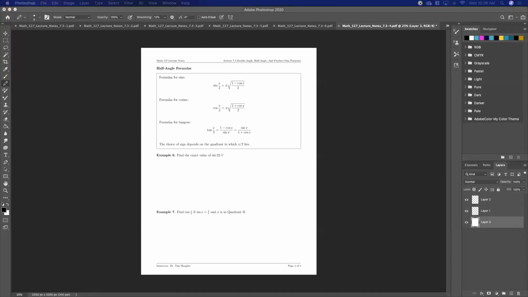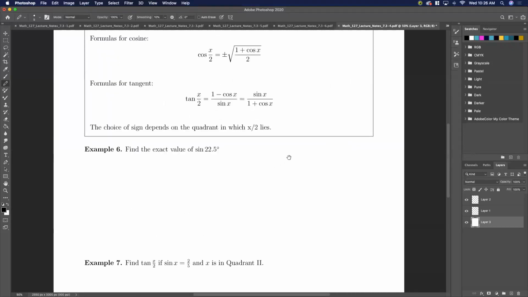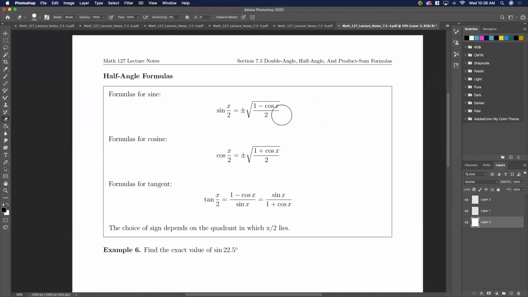Ah, the half angles. Yay, half angles. All right, so here are the half angle formulas. Oops, that's not what I wanted to do. Go back to my pencil. There we go. These half angle formulas are formed the same way, so just pick whichever one.